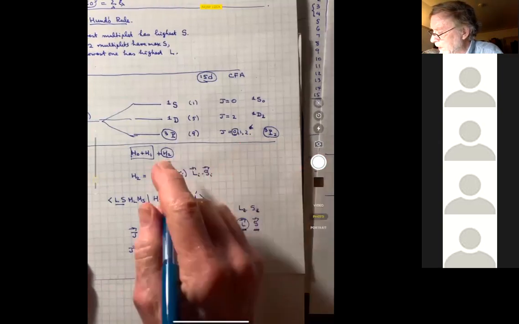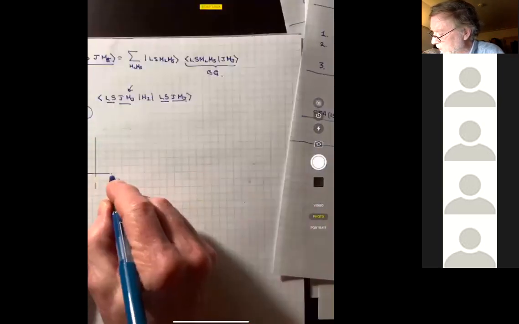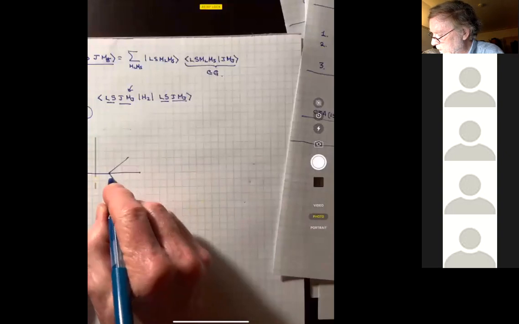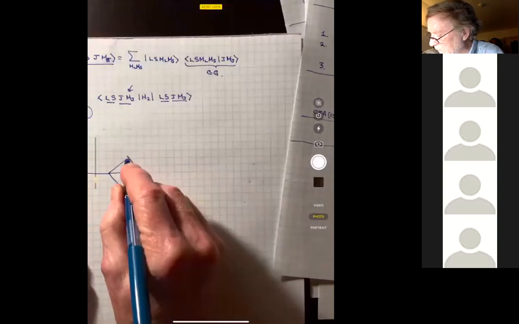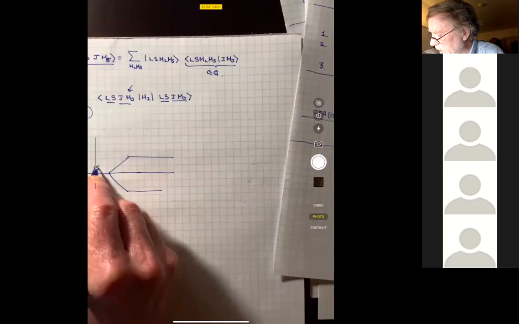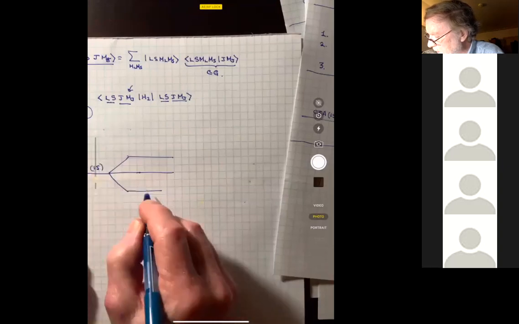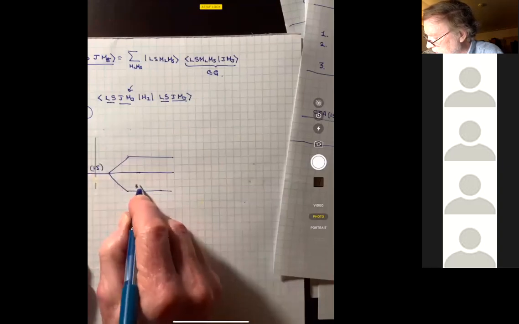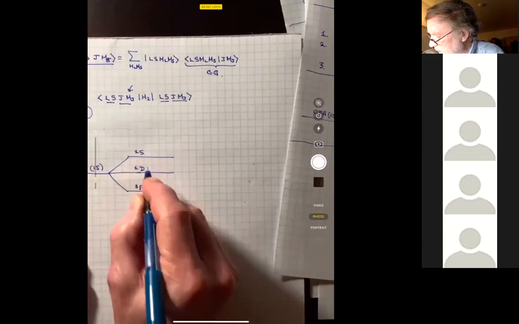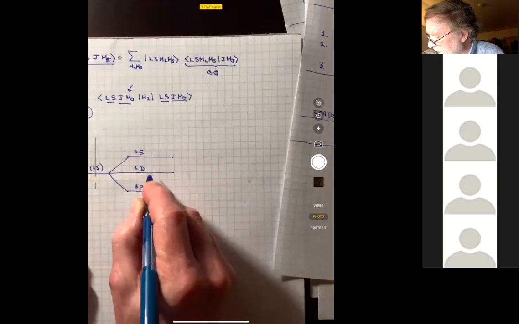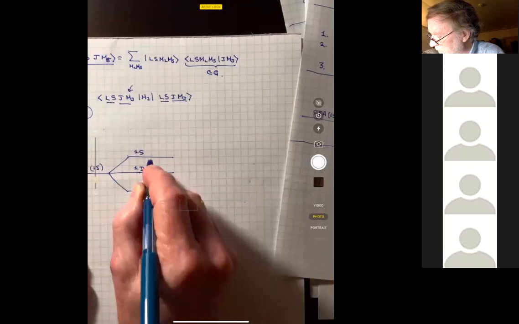So I didn't make room for this here, but if I were to draw my energy diagram for carbon, this of course is not to scale or anything, but in the central field approximation, we had 15-fold degeneracy. Then we've got the triplet P here. We've got the singlet D and the singlet S. This is 9, 5, and 1.